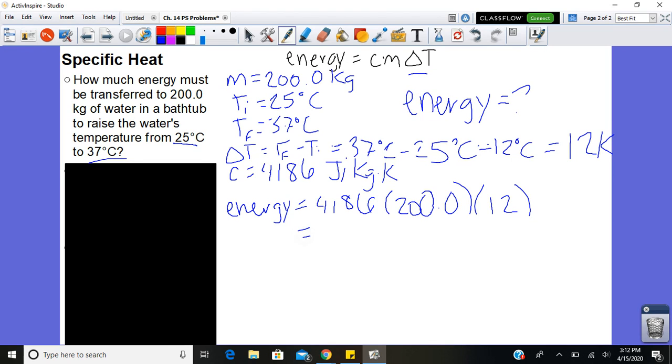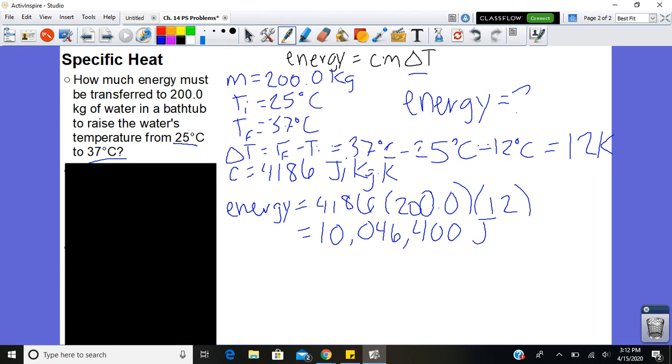And when I do that on my calculator, I end up getting 10,046,400. Our unit for energy is joules.